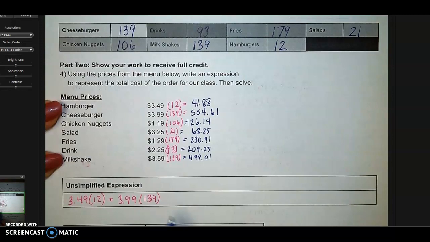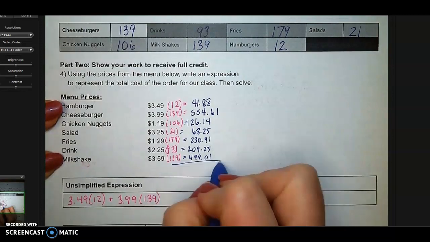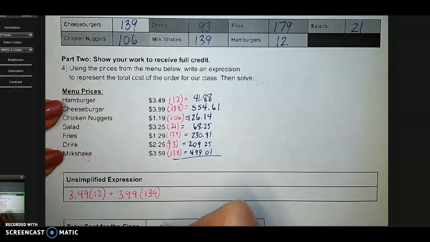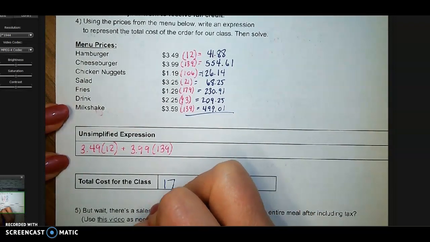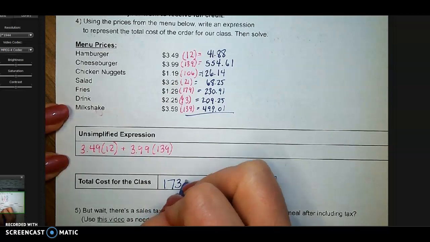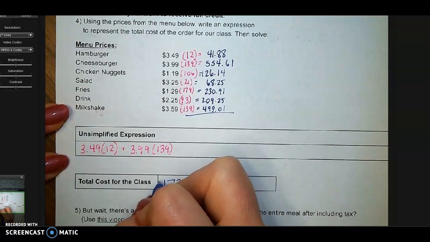And then that total cost for the class and any work that I might have inserted. But when I added that all up there, my total for the class, I got $1,730.05.